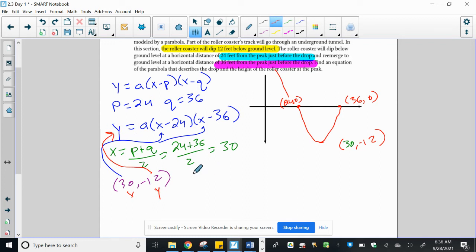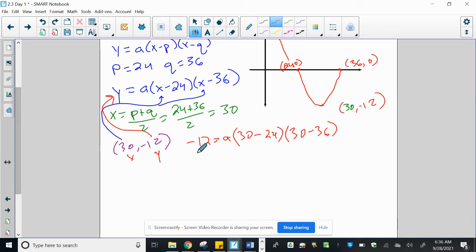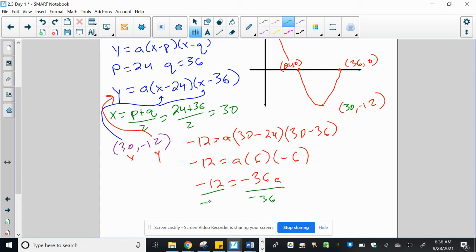So negative 12 equals a times 30 minus 24 times 30 minus 36. So negative 12 equals a times 6 times negative 6. So negative 12 equals negative 36a. Divide by negative 36. So a would reduce down to 1/3.